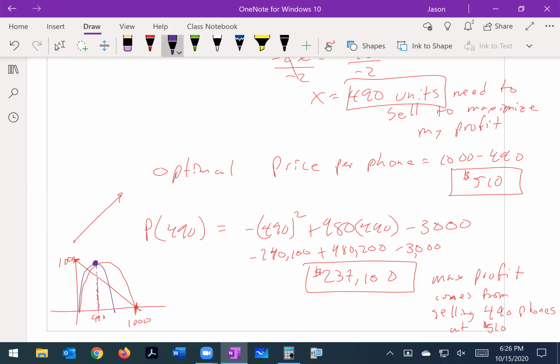So this is my profit function, and it's going to have a maximum value of 237,100. So this thing goes way high. Let me just think of it like we're at 1,000 here for that value, but it's really doing this. It's really way high.